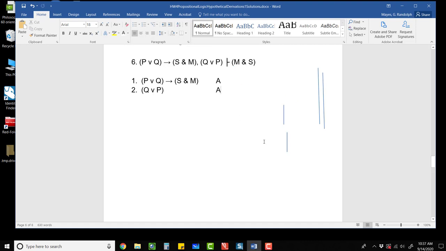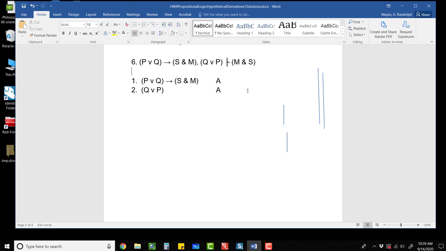Okay, number 6 gives you two assumptions, if P or Q, then S and M, and Q or P, and you're being asked to demonstrate M and S. So one of the points of this proof is to teach you something very important, and that is to resist treating formulas that you know to mean the same thing as if they are the same thing.